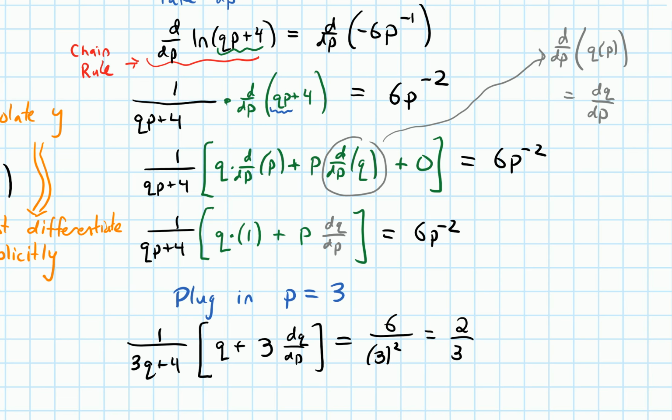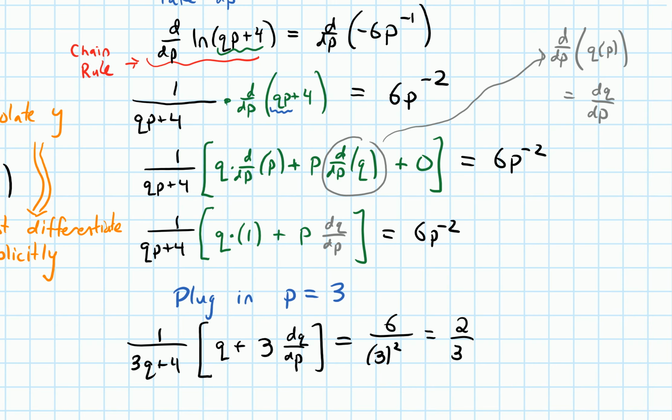All right, so one thing that makes this problem different from the previous examples that we've done on implicit differentiation is, before, when we took our derivative, we knew the values for both of the variables. So we were able to plug in for both of them. But in this problem, it only tells us the value for one of the variables, for what p is. But we don't know what q is.